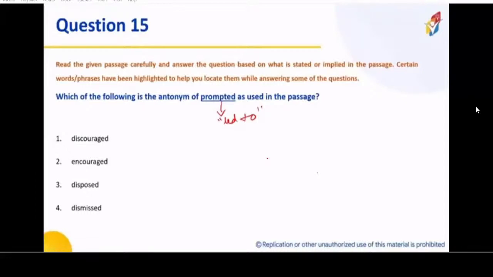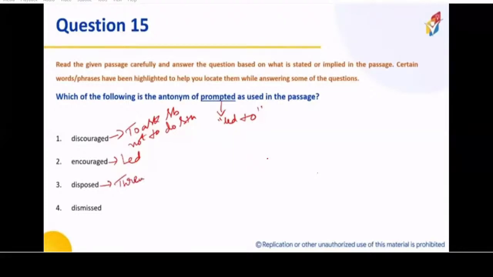Let's analyze the meanings of the words in the options here. Discouraged: to discourage is to ask somebody not to do something, right? So, you know, your parents discourage you from driving too fast, etc. Encourage is to ask someone to do something or to lead something. To essentially encourage means led, right?